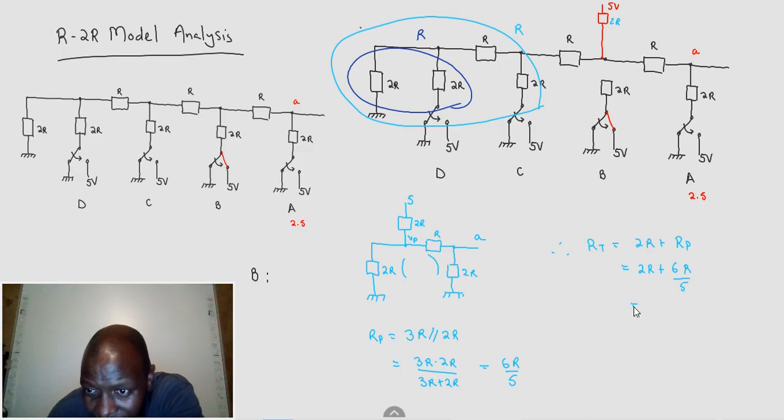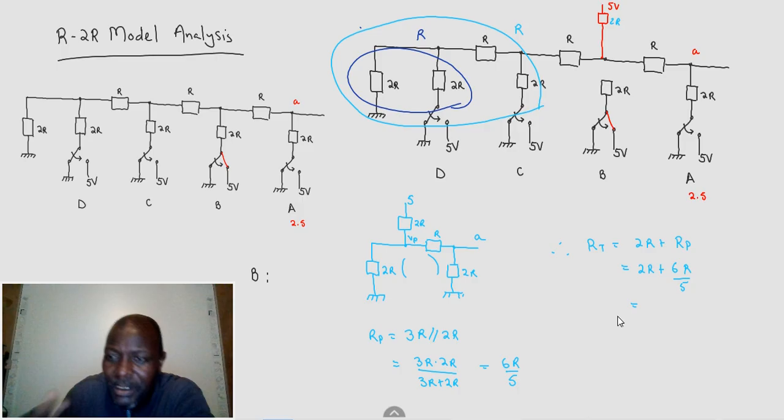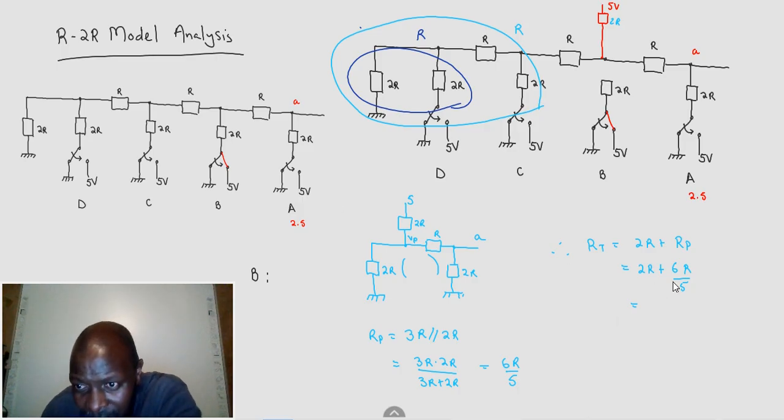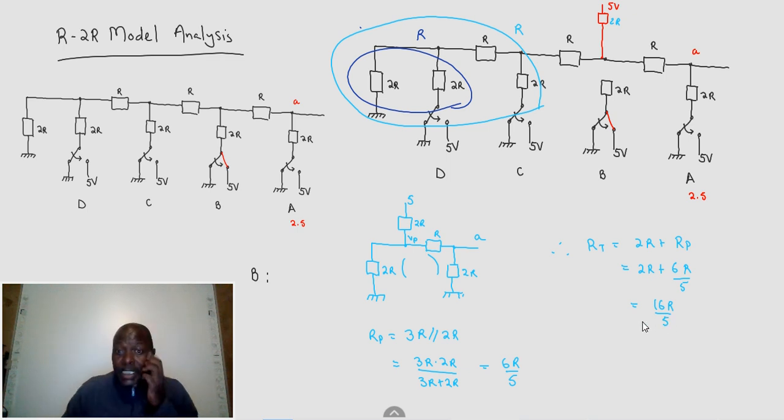I prefer to leave it like this because it's going to work itself out. So I'll leave it like this. As fractions, this is going to be 10R for this, if I make a common denominator. 10R plus 6R is 16R over 5. This is our total.